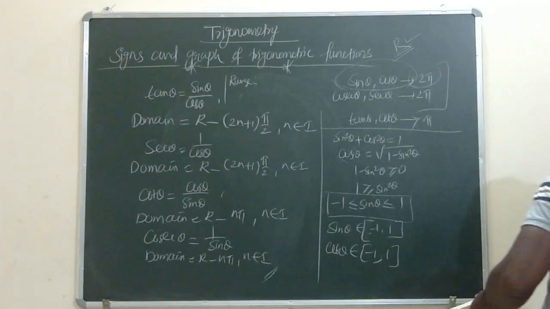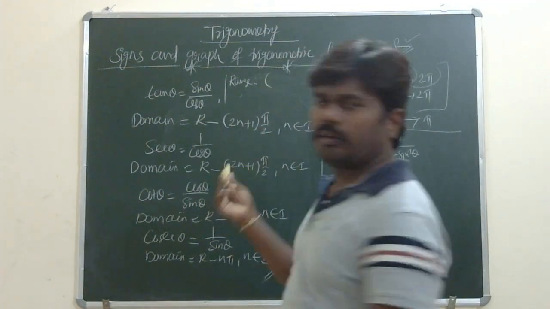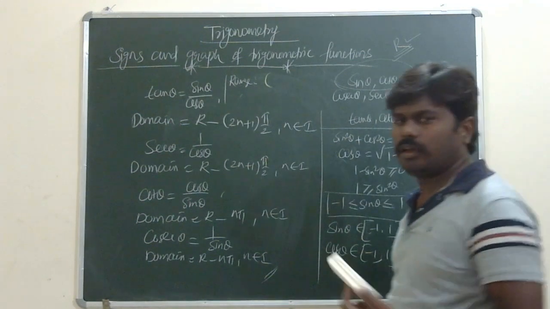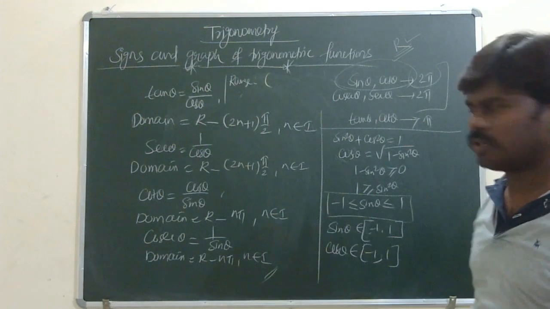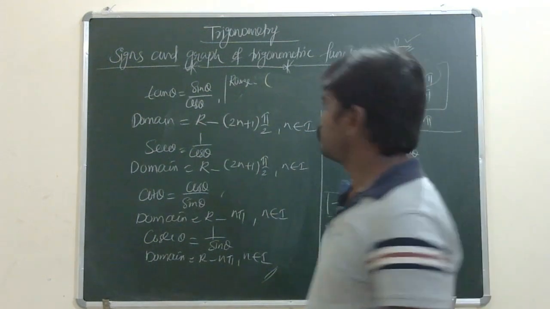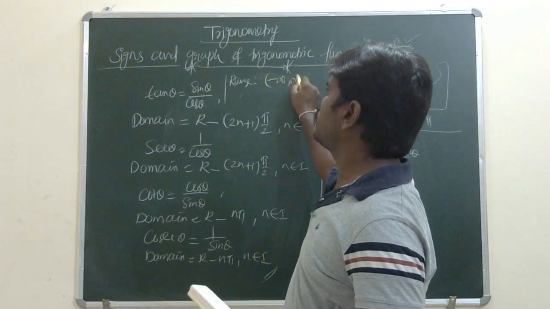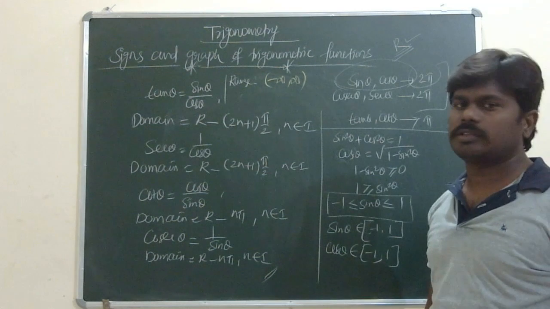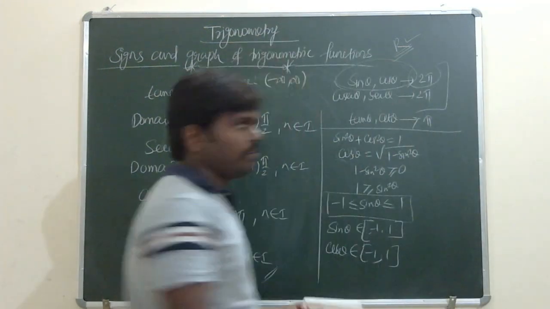The range of this tan is... So here, if you see the trigonometric ratio table, in tan we have 0 and also 1 by root 3. Root 3 means irrational numbers and rational numbers, and of course infinity also we have. So the range here we can say simply minus infinity to plus infinity, meaning all the values are possible when you are taking different values of theta.